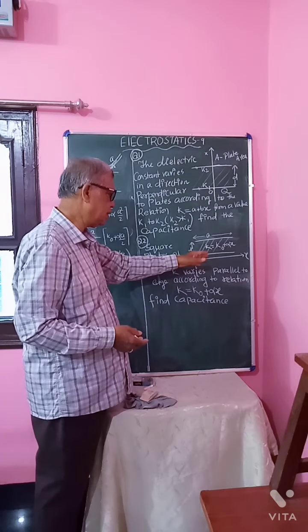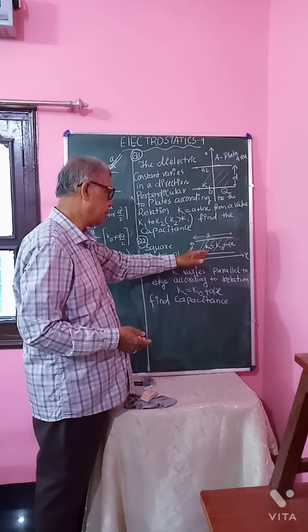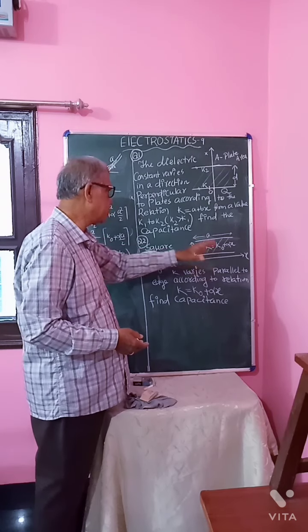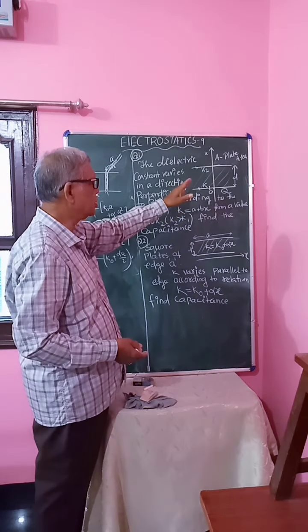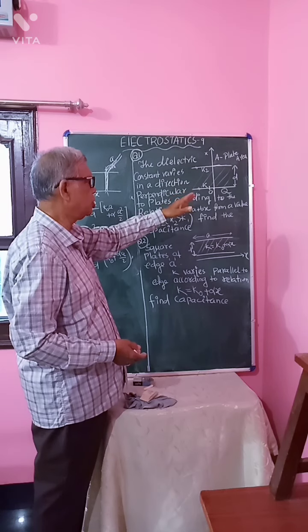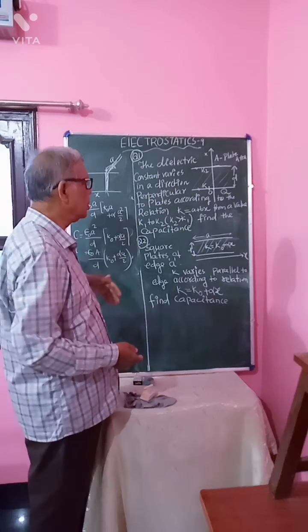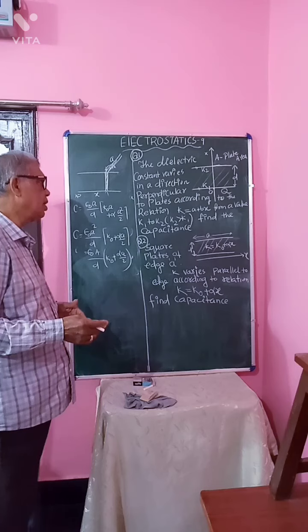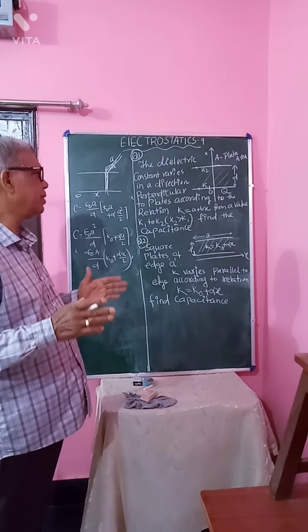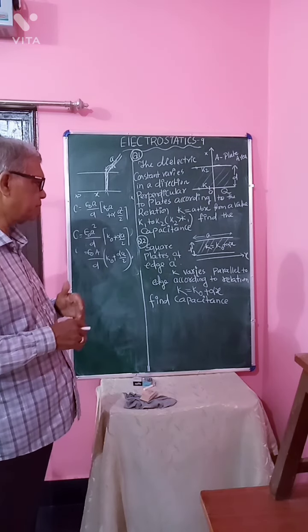So the second is solved by the differential integral method, and the first is solved by imparting a charge q, finding the intensity of electric field using Gauss law, then the potential difference, and then the capacitance.